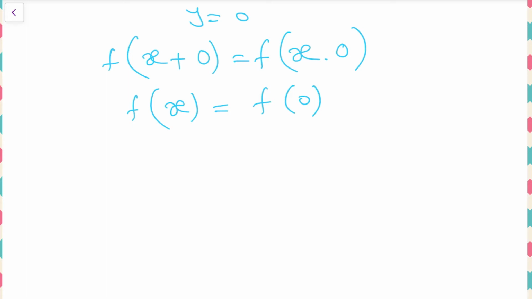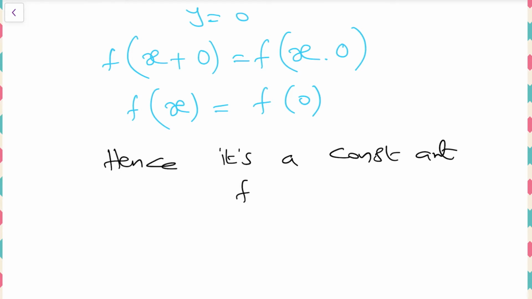When this condition is possible, it is possible if and only if it is a constant function. So hence it is a constant function. You observe this clearly. F of x is equals to f of 0 is satisfied only if the given function is a constant function.